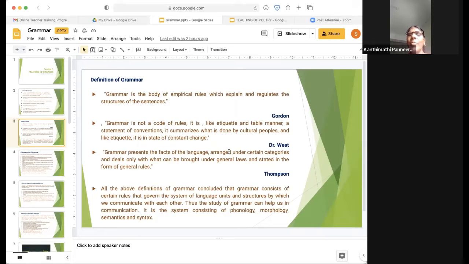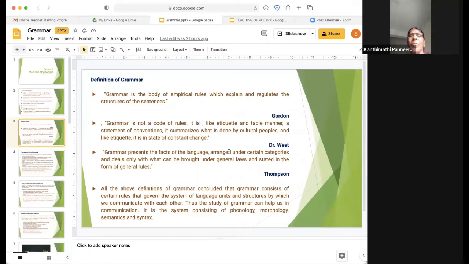All the above definitions of grammar conclude that grammar consists of certain rules that govern the system of language, language units, and structures by which we communicate with each other. Thus, the study of grammar can help us in communication. It is a system consisting of phonology, morphology, semantics, and syntax.